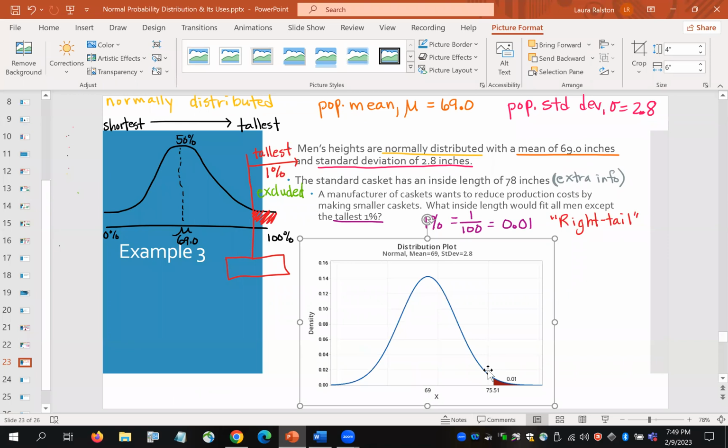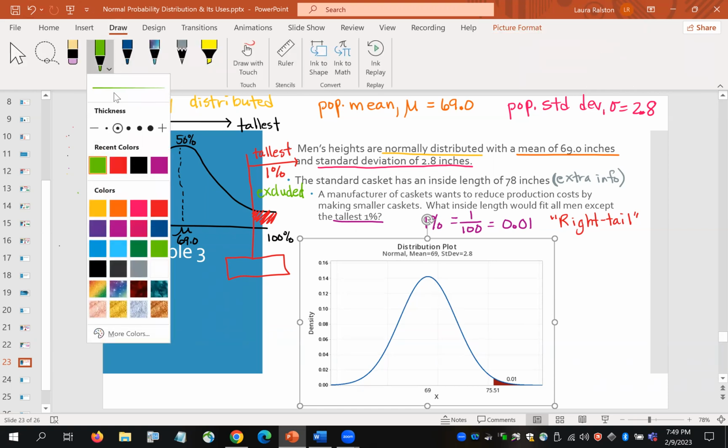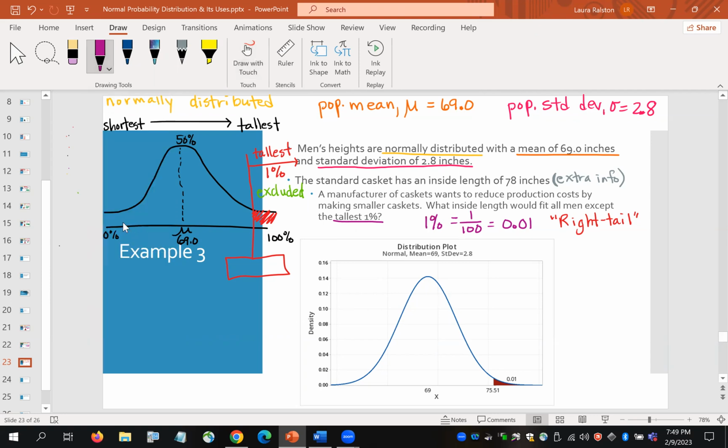So again, you have your bell-shaped curve. Your mean is labeled in the middle. The 1%, you can kind of see that little red shaded region there. And we are looking for this X value, which is 75.51.